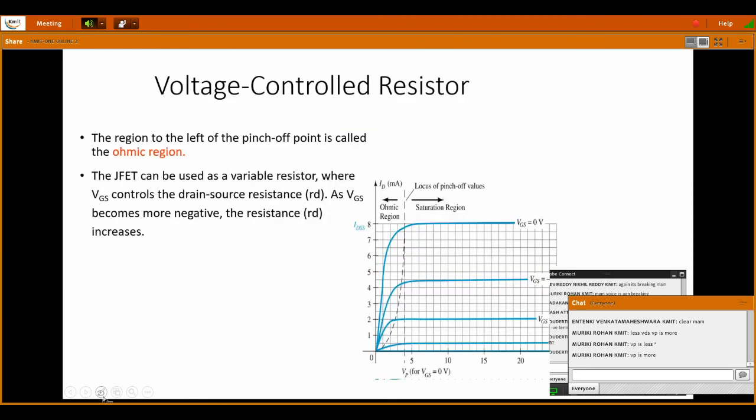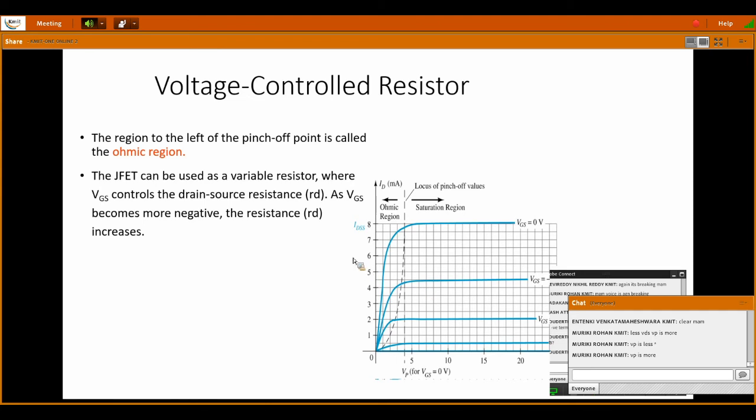And FET is also used as a voltage controlled resistor in the ohmic region. Ohmic region, because as VDS increases, ID increases. But if you vary the gate voltage, that is VGS, then RD, which is nothing but VDS by ID, the drain resistance, will be varying.